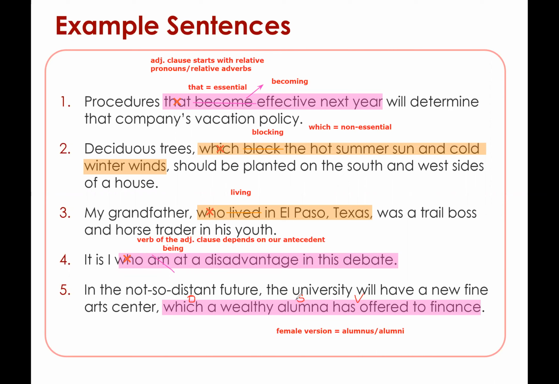Okay. So, well, we could change it to a participle phrase, but we will have to rephrase that. So generally speaking, when your relative pronoun is not the subject, it is the object, we prefer to keep it that way. We prefer to keep it an adjective clause.